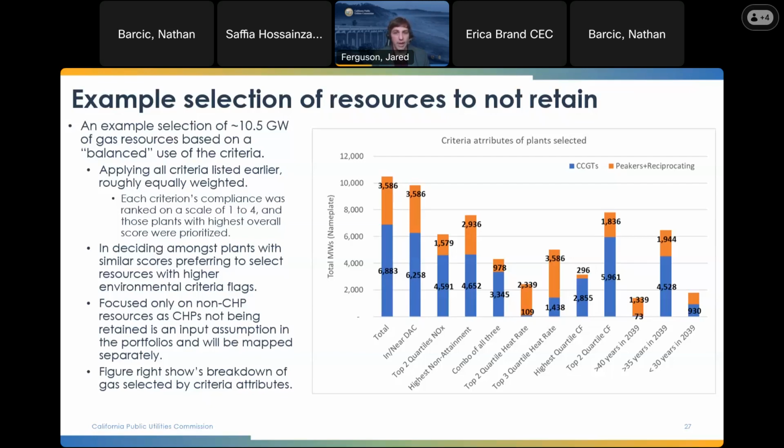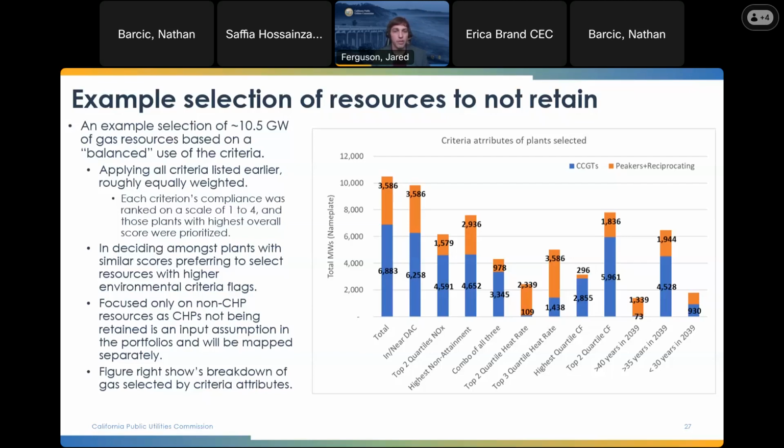And I'll also note that this breakdown does not focus on the CHP resources, because in both the base case and in the sensitivity, we will be mapping most of the CHPs by 2039 as not being retained. So this is focusing on those 10.5 gigawatts of additional gas capacity that needs to be identified.